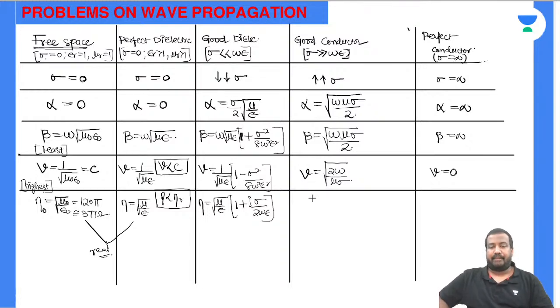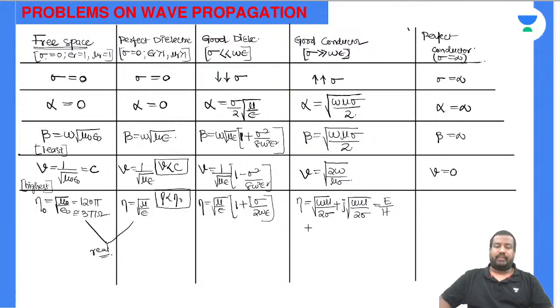That's eta. And for a good conductor, eta is under root of omega mu by 2 sigma plus j times under root of omega mu by 2 sigma. But you know eta is E by H. If you write this in r angle theta form, it is under root of omega mu by sigma angle tan inverse of y by x, tan inverse 1, 45 degrees.